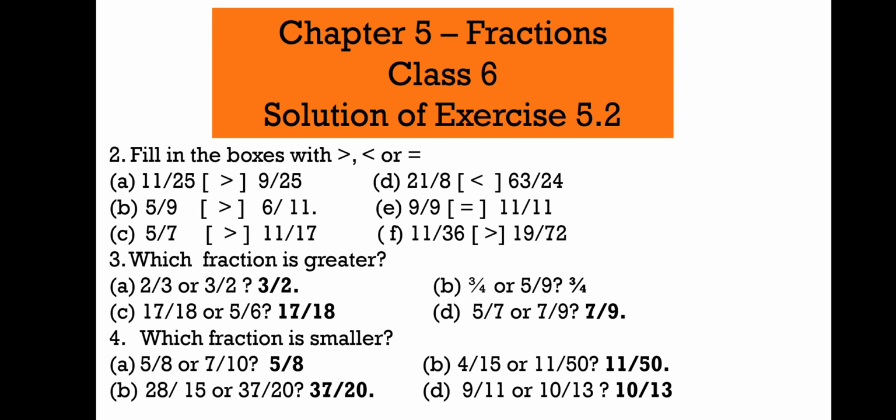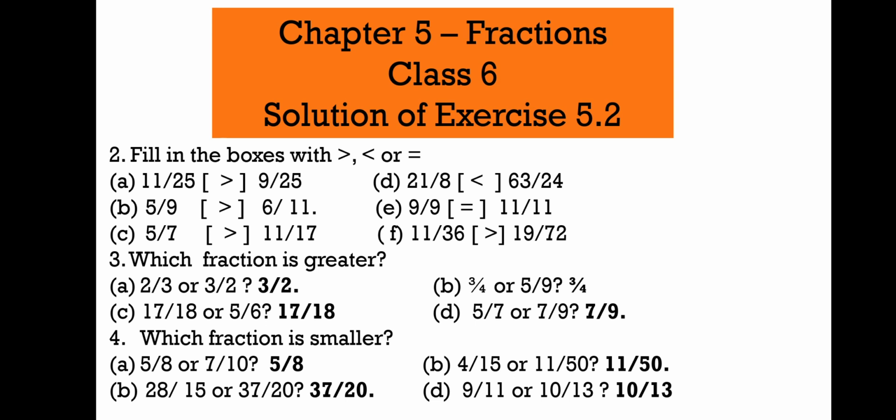So numerator multiplied by the denominator of the second fraction, and denominator multiplied by the numerator of the second fraction. So we get 55, which is greater. So 55 is greater than 54 and therefore 5 upon 9 is greater than 6 upon 11.